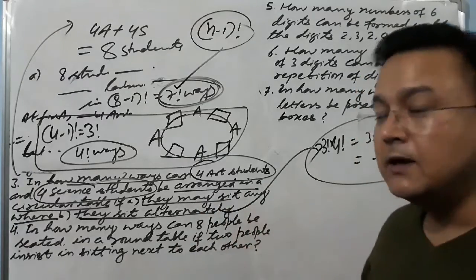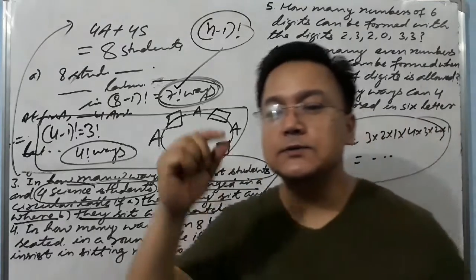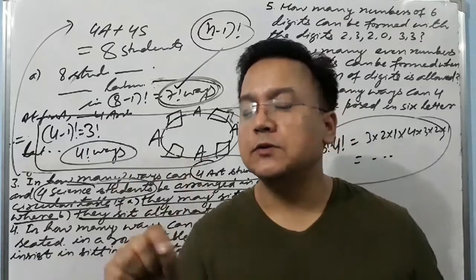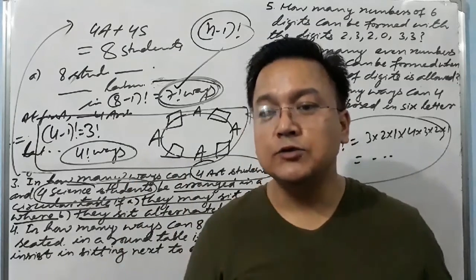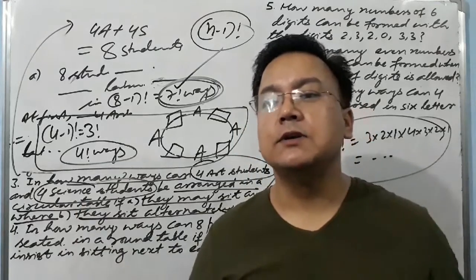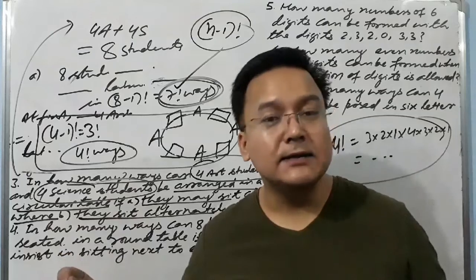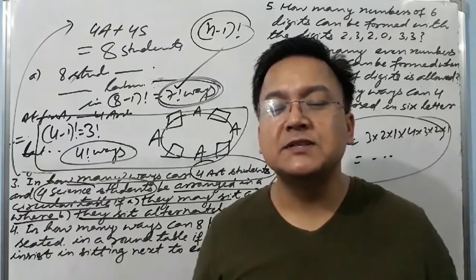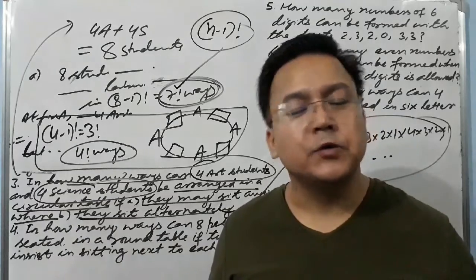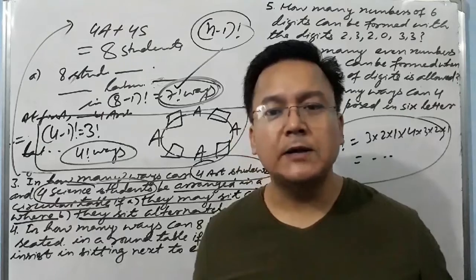Now you understood. Once again let me explain. If you arrange the art students first in a circular table, you need to use the circular theorem. By using this theorem we can arrange 4 art students in a circular table in 4 minus 1 factorial, I mean 3 factorial ways. And thereafter 4 seats are automatically created alternately, so the science students can be arranged in 4 factorial ways.